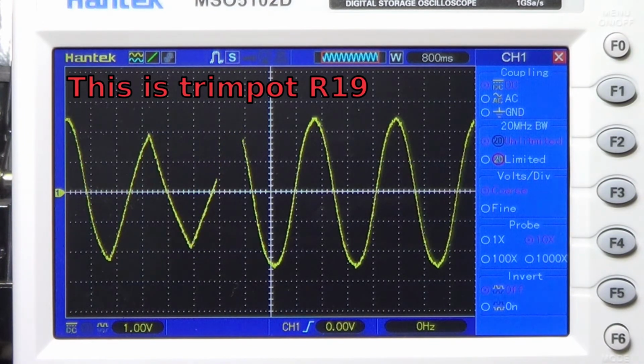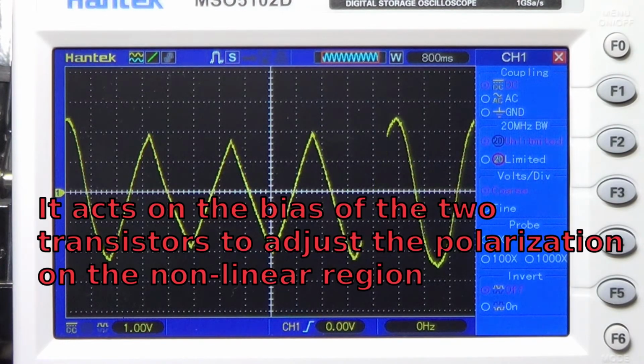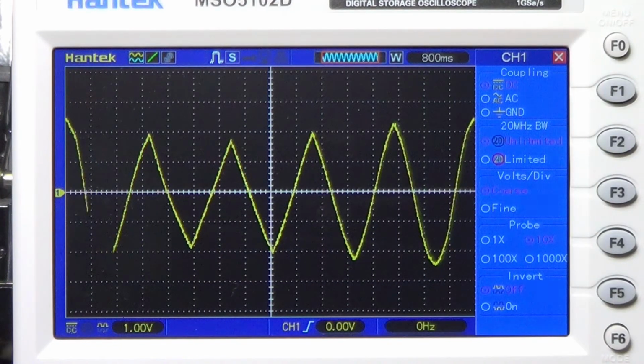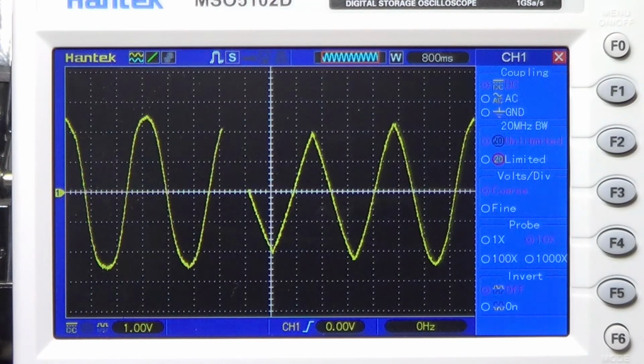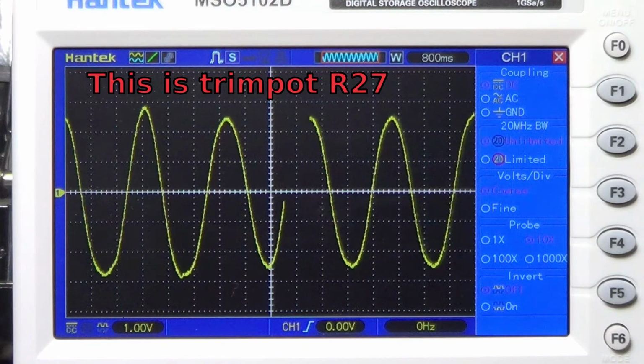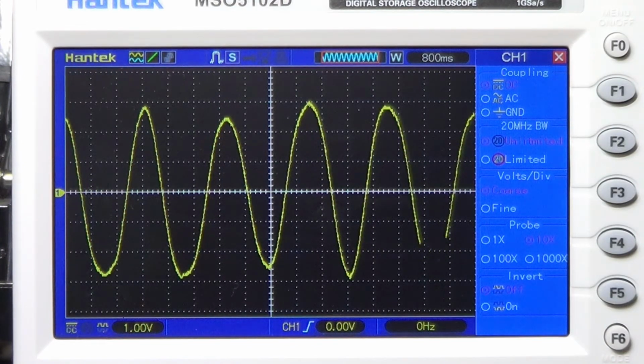The shape tends to change and becomes triangular again. So basically this twin pot is used to adjust the shape of the wave until we reach the perfect sine wave. And then the other one instead, you see this impacts the symmetry of the wave.